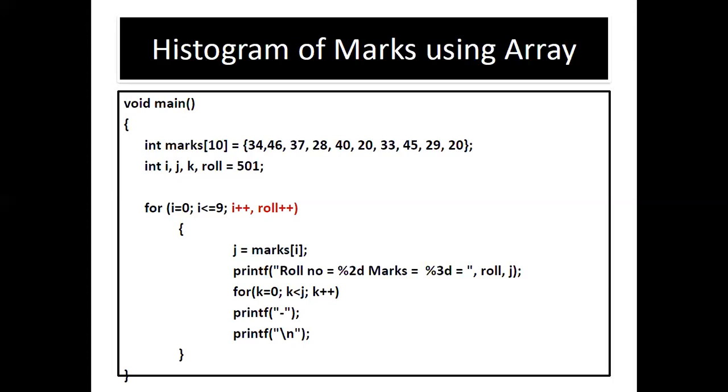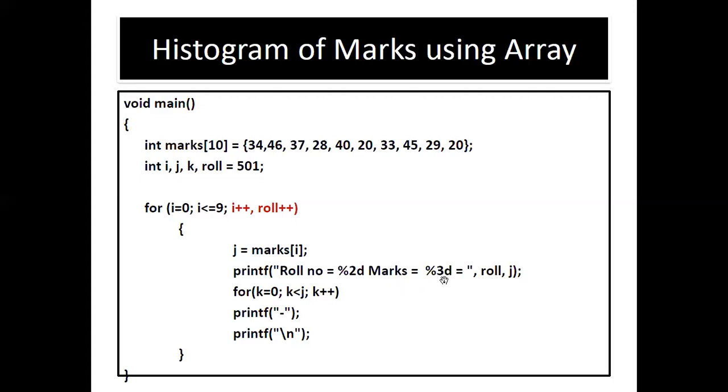Now in this format, what you are going to print is the roll number and marks. First we print roll number equal to %2d, and what is the roll number? The roll number is roll, which is already initialized to 501. So 501 is going to be printed, and marks %3d.